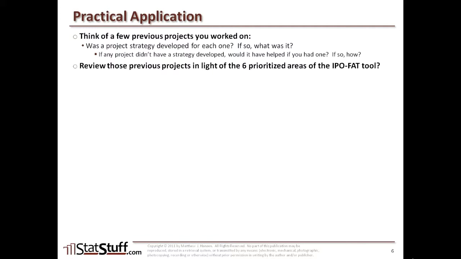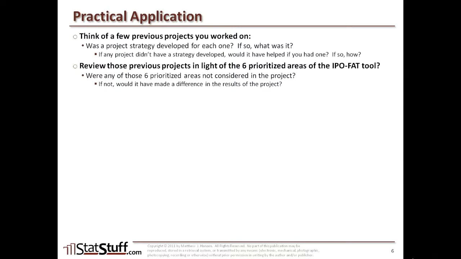Also, I'd suggest as you review those few recent projects, consider them in light of the 6 prioritized areas of the IPO FAT tool. That is, those 6 areas that were numbered under the input and process columns. And ask yourself some of these questions, such as, were any of those 6 prioritized areas not considered as part of the project?